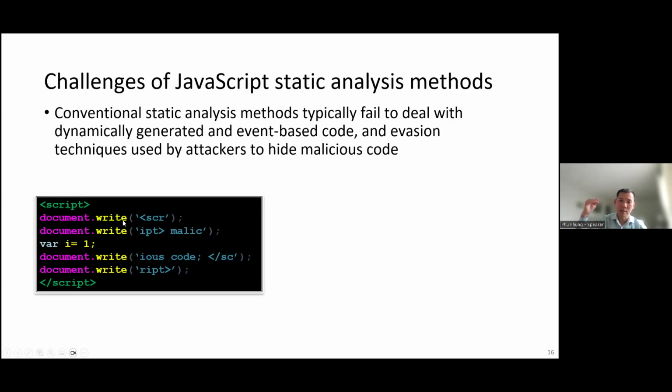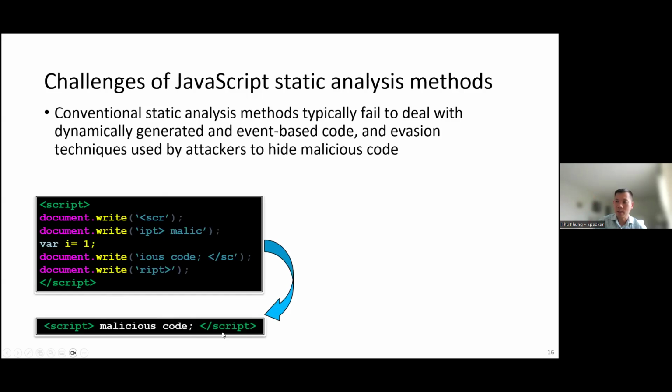Document write is similar to print. It prints something, and you can see here it prints something, print something, print something. But when it runs, it will be something like this. So it will create another code at runtime. This is one example of dynamic code generation.